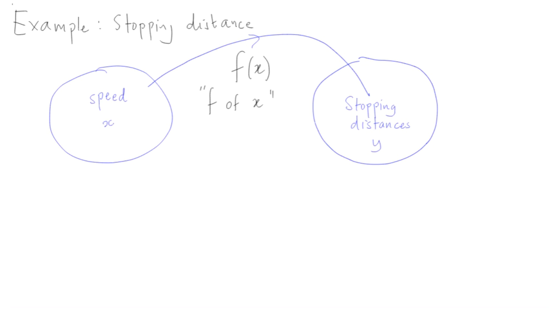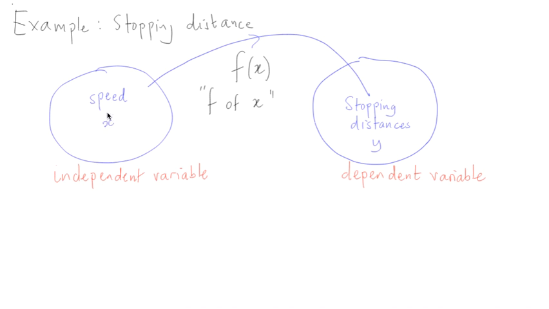Now the values that we put into the function are called the independent variable. And the values we get out of the function are called the dependent variable.